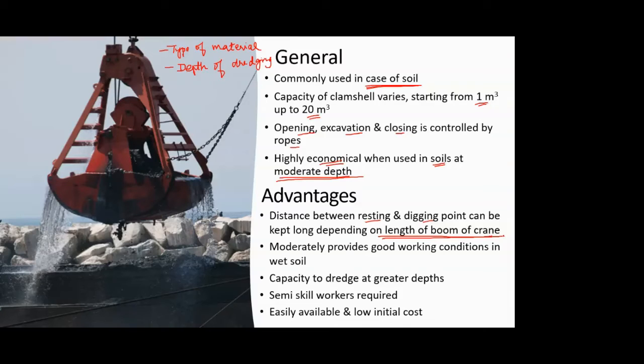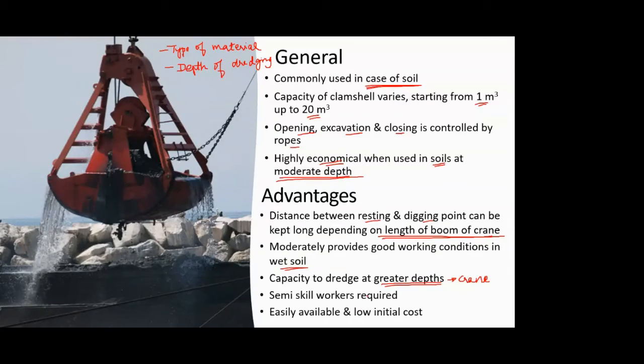It also provides moderately good working conditions in wet soil, so there is no need of completely dry soil. And it has the capacity to dredge at greater depth, provided that your crane is capable of handling that much length of rope and giving that much pull to that rope.